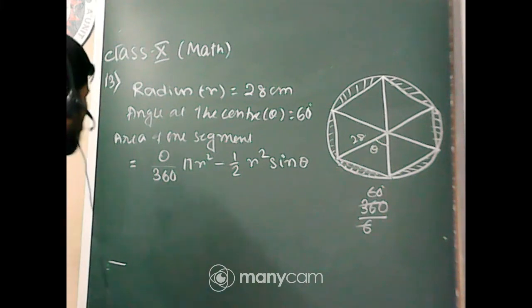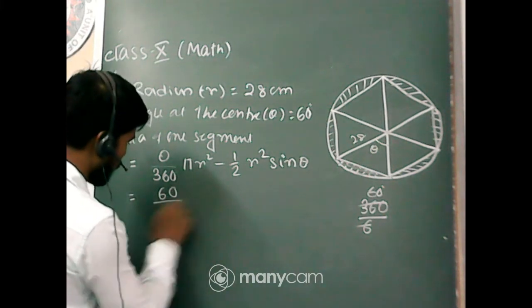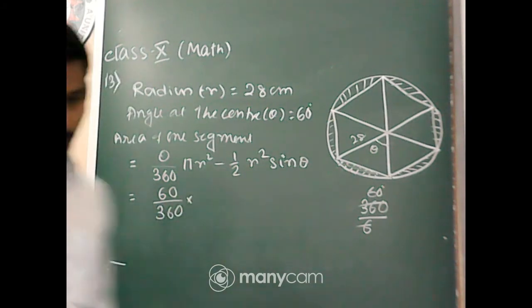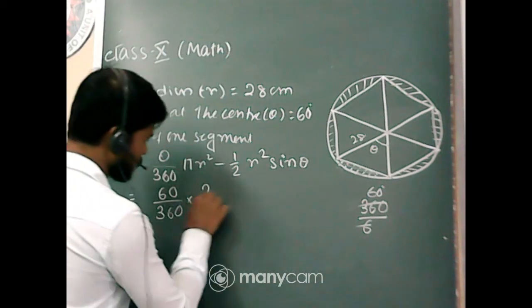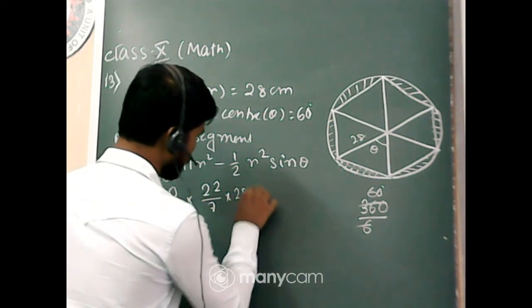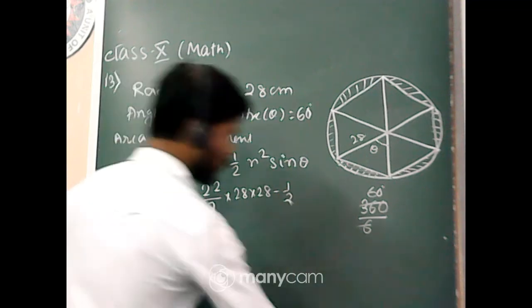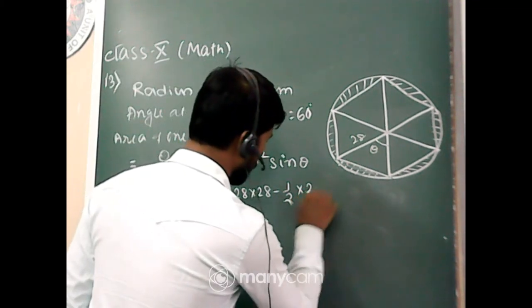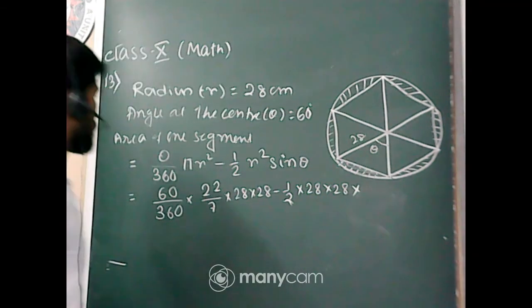Theta means 60 degree by 360 degree into pi. What is the value of pi? Nothing is given, so we will put 22 by 7. R square means 28 into 28, minus half into 28 into 28 into sine of 60 degree.